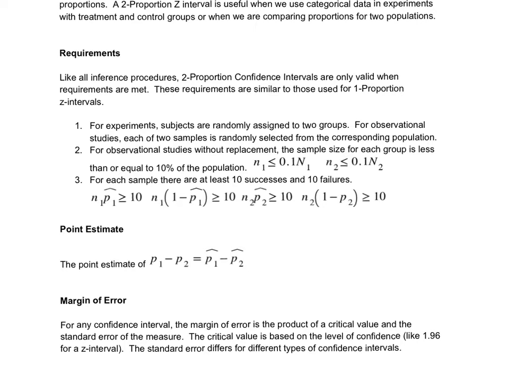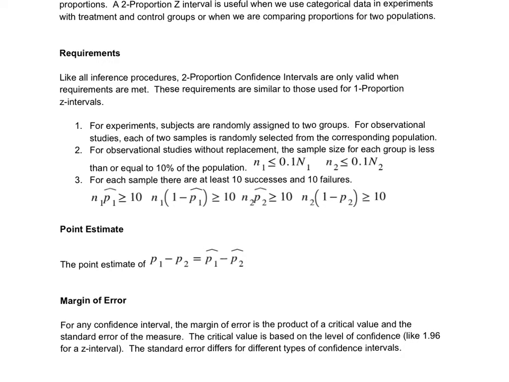Sometimes we have to make assumptions about the population because we're only given the sample size. And if you feel comfortable as a researcher making an assumption about the population, then you can check that requirement. And usually we do. Usually the population is pretty large.